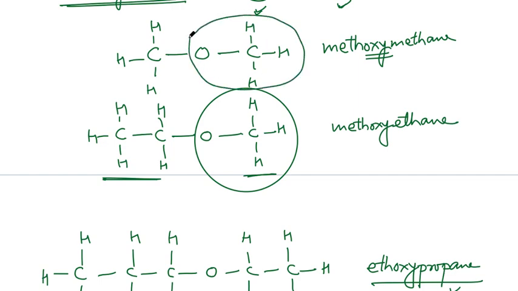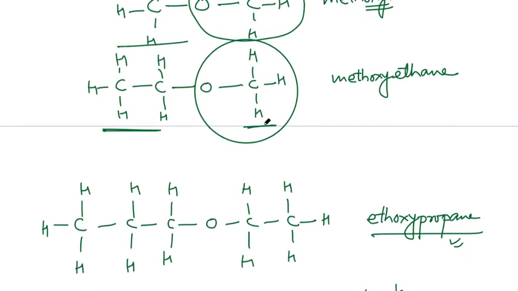This is methoxy and methane. But if the number of carbon atoms on both sides is different, then we add oxy to the smaller chain. See here, this is a two carbon chain on the left hand side, one carbon chain on the right hand side. So we add oxy with meth and it becomes methoxyethane.